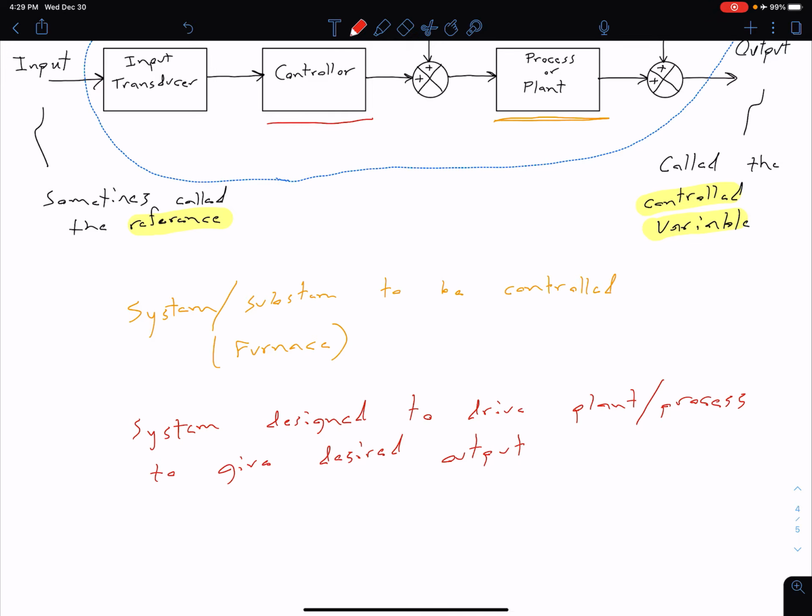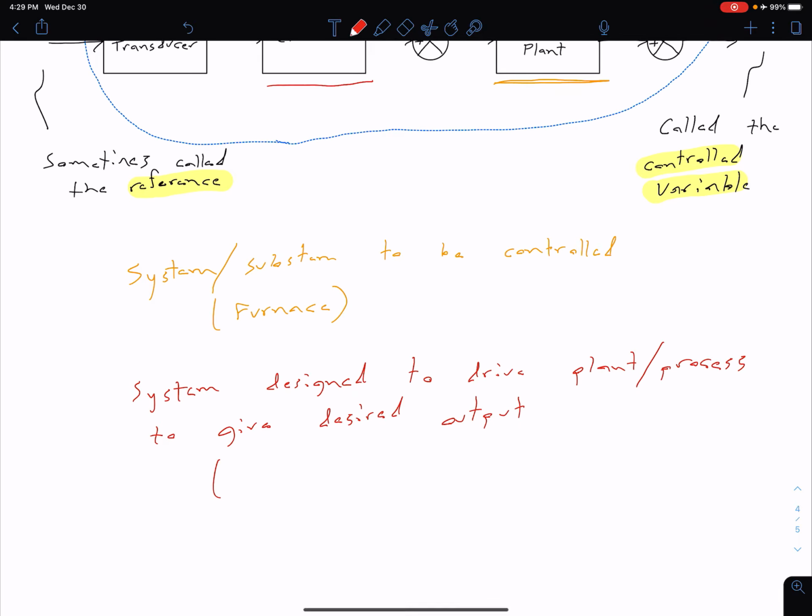Examples of this controller in the furnace example could be fuel valves, allowing a certain amount of fuel to go in based on what we want, and maybe some electrical controls that are part of that system as well.